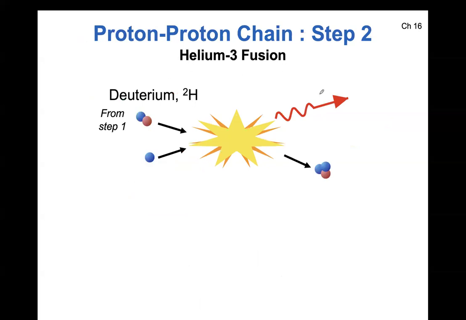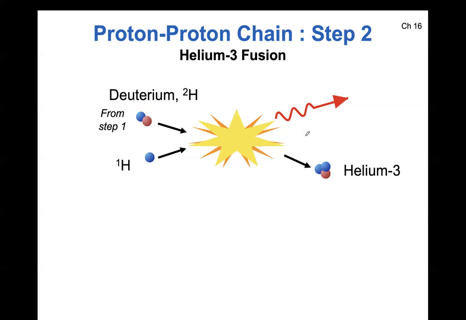Now, officially step 2. Now you've got that deuterium. Remember, it's going to collide, due to that 15 million Kelvin, with another proton. So we're taking another one of the same kind of building block inputs and smashing it into the product of step 1. What happens?